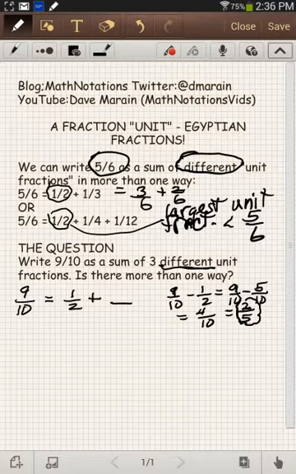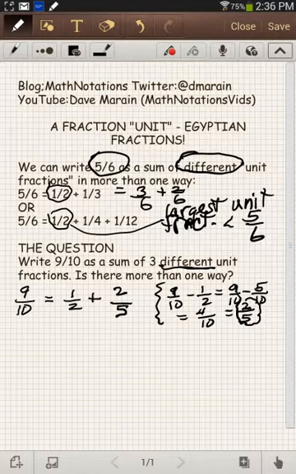To find what we need to add on to 1/2 to get 9/10, we subtract. 9/10 minus 1/2. We're doing this work on the side over here. Common denominator 10. 1/2 is 5/10, and the difference is 4/10, which I reduced to 2/5.